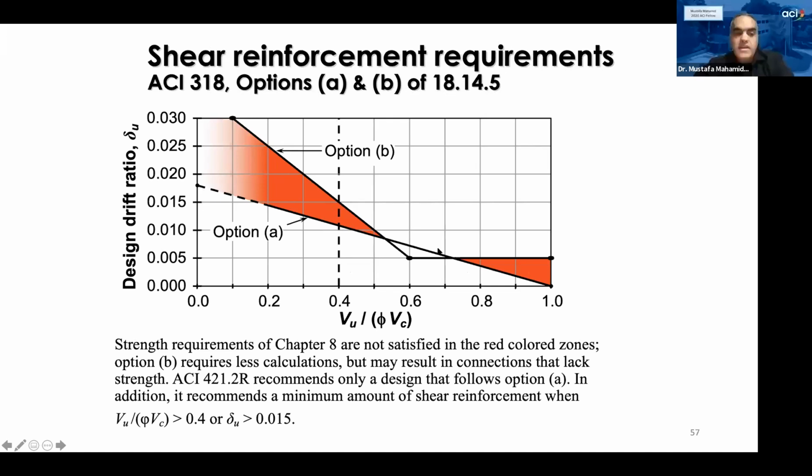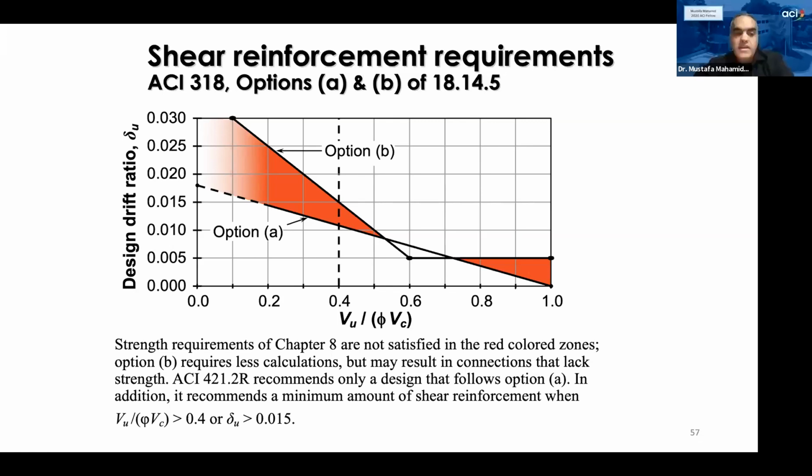Here, the strength requirements of chapter 8 are not satisfied in the red zone. If we look at chapter 8 requirements, they are not satisfied according to this. Option B requires fewer calculations because it's empirical, but may result in a connection that lacks strength.